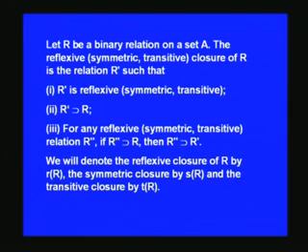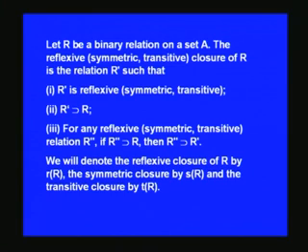Similarly, for symmetric closure, you have to read like this. If R is a binary relation on A, the symmetric closure of R is the relation R dash such that R dash is symmetric, R dash contains R, and for any symmetric relation R2 dash, if R2 dash contains R, then R2 dash contains R dash.